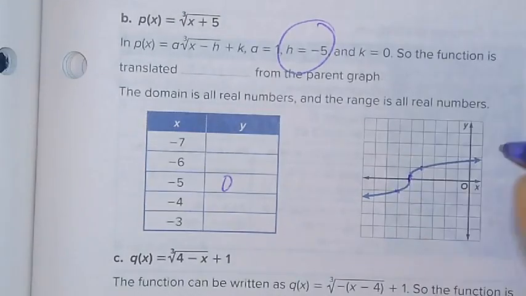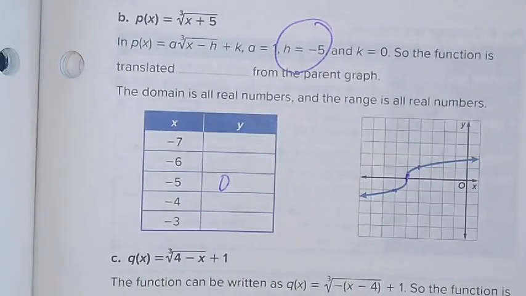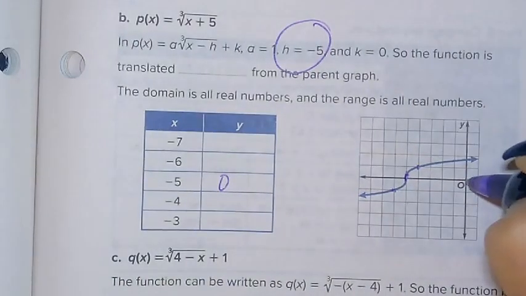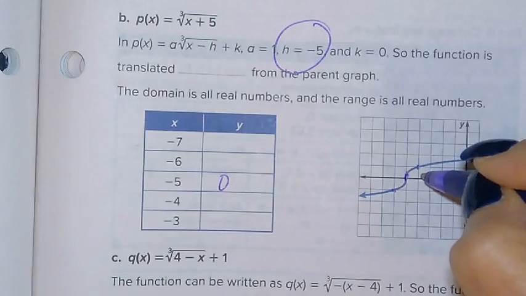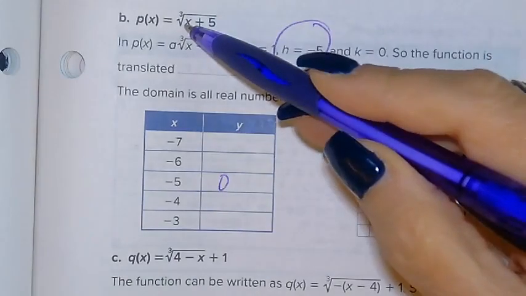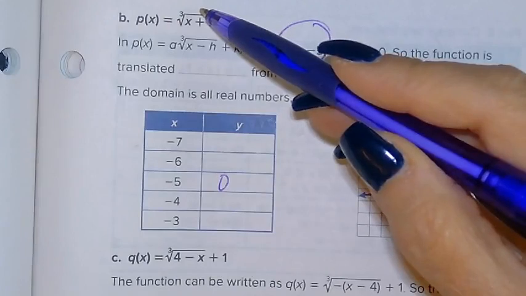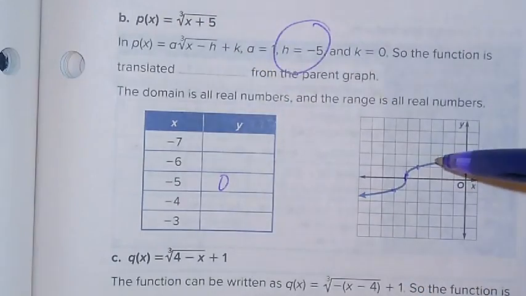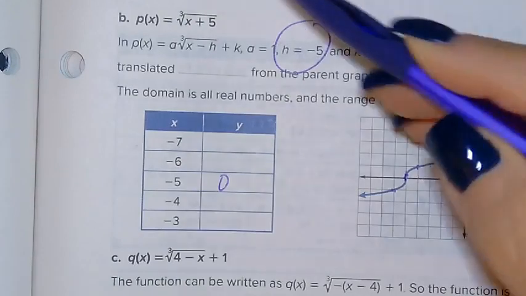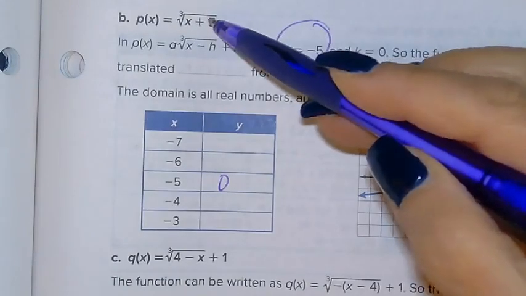And why I say 1 at -4 is because when x is -4, y is 1. Cube root of 1 is 1, because -4 plus 5 is 1.